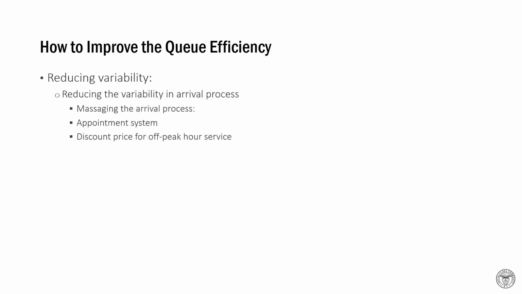In our journey to improve queue efficiency, there are several other methods we can adopt. Firstly, we can aim to reduce variability in both the arrival and service processes. We could utilize an appointment system to manage customers' arrival or implement discount prices for off-peak hour services.